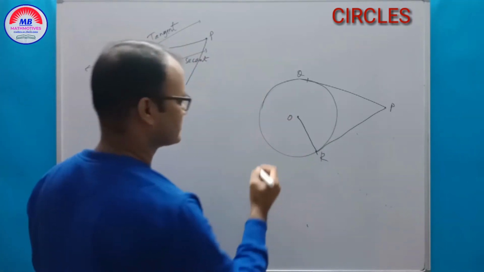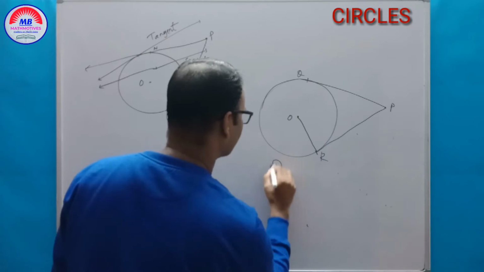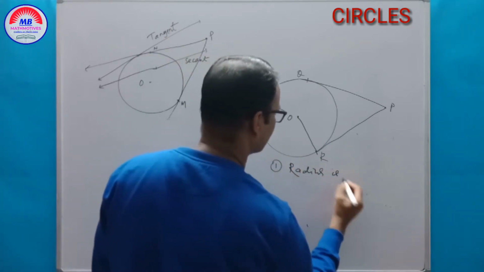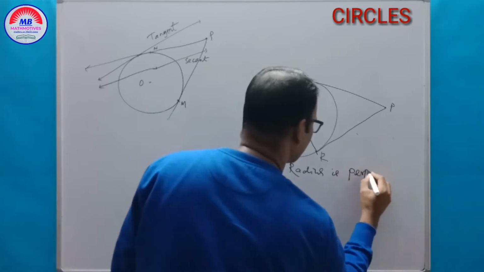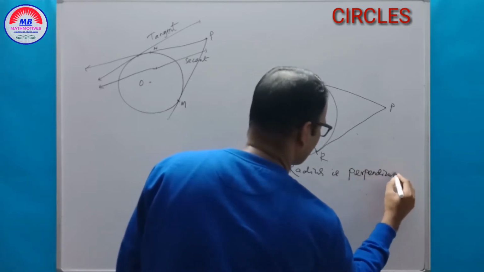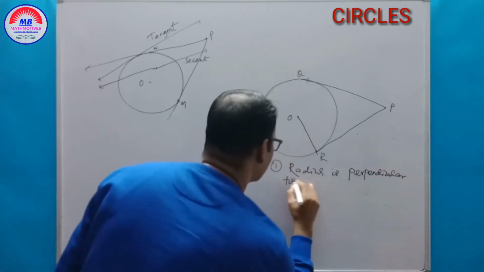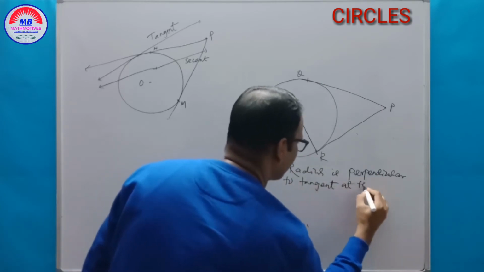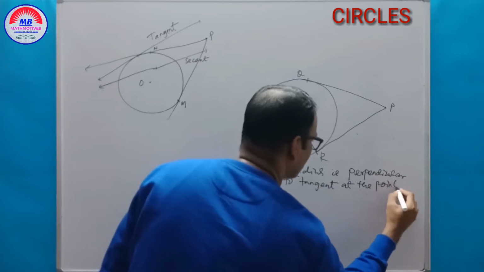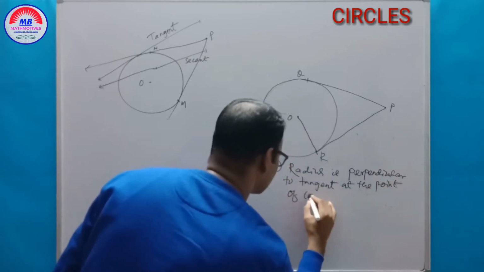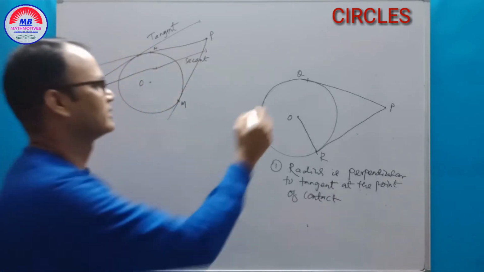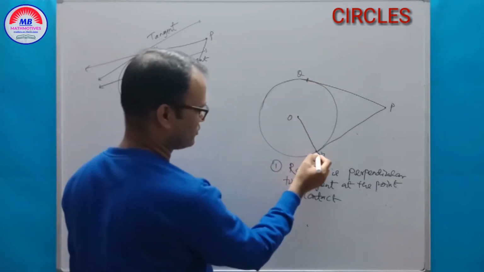So the first point is: the radius is perpendicular to the tangent at the point of contact. You see, this one is a point of contact and this one is a point of contact.